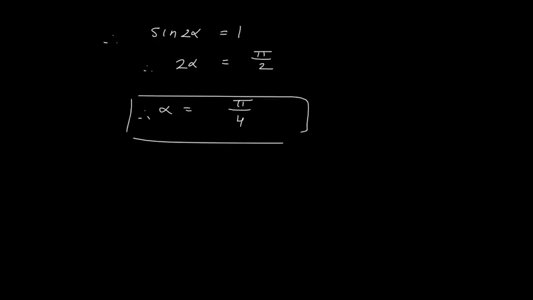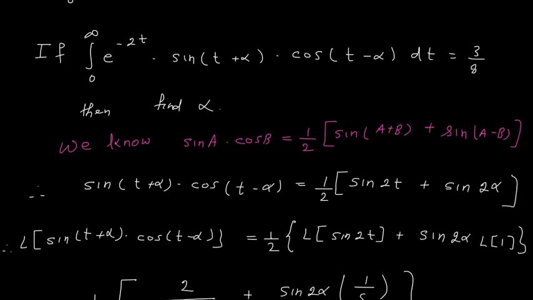So this is how you can get the value of alpha. Now we know how to calculate the Laplace of some standard functions and how to evaluate integrals using the Laplace of those standard functions.